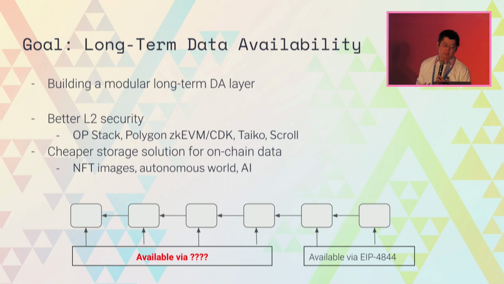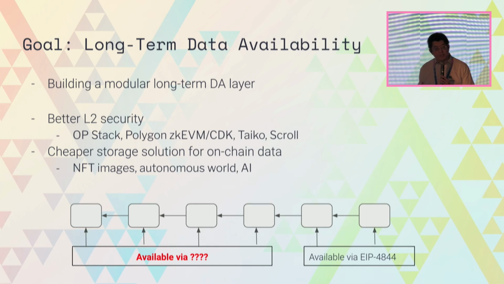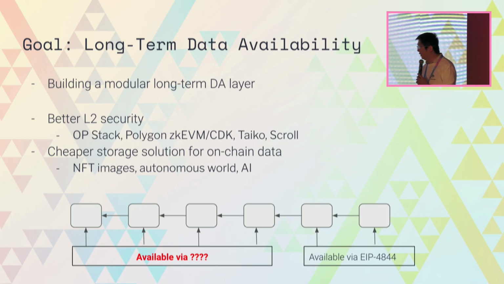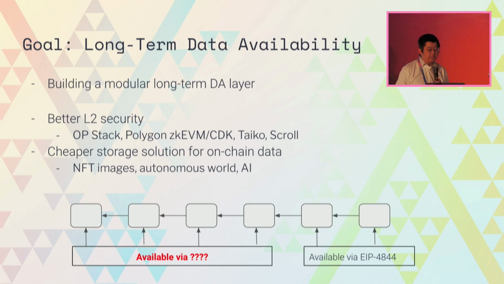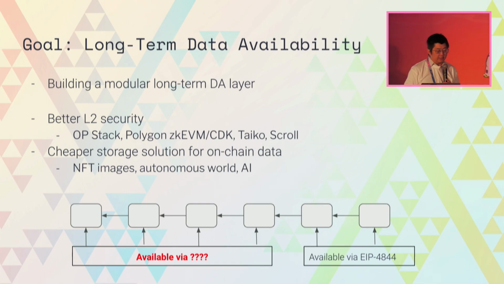With this feature, we are able to offer a lot of unique things to Ethereum. First, it can offer much better layer 2 security for all the ZK rollups, including OP Stack, Polygon, and others. We have already integrated our system into OP Stack.